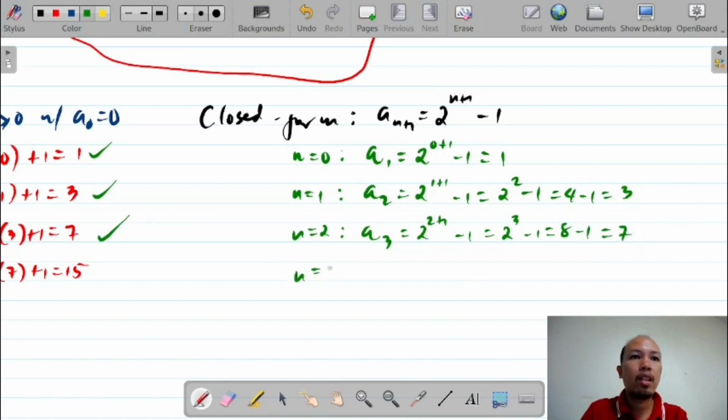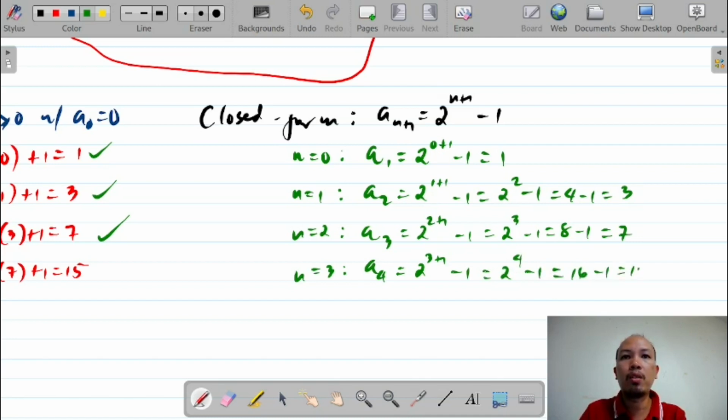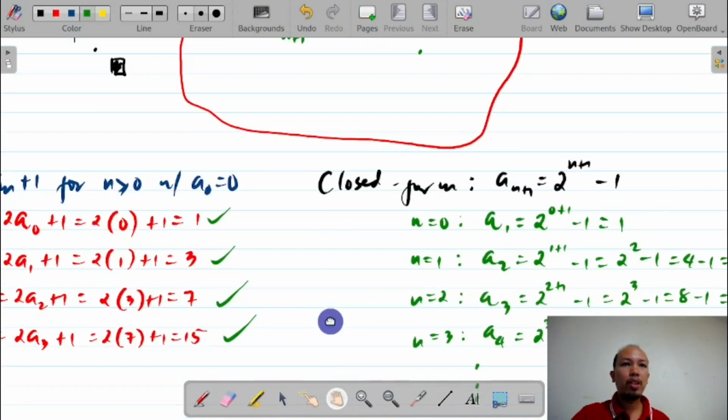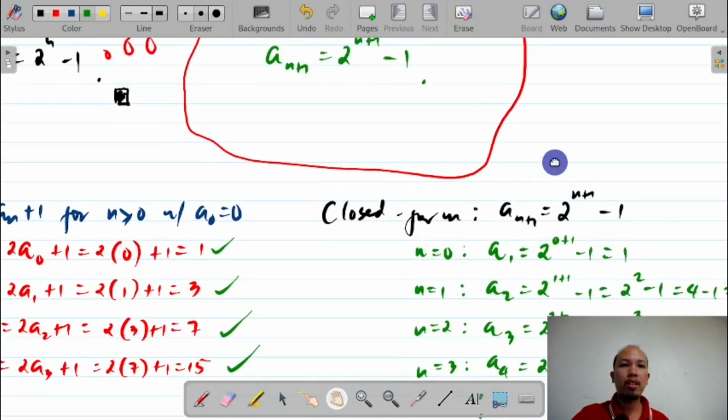Lastly, n is equal to 3, we have a sub 4: 2 to the 3 plus 1 minus 1 is equal to 2 to the 4 minus 1, which is 16 minus 1, equal to 15. It's the same. And so on and so forth. So what we did, we verified that our formula is correct.